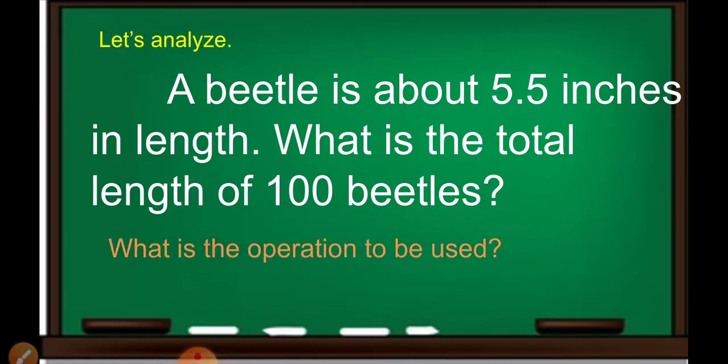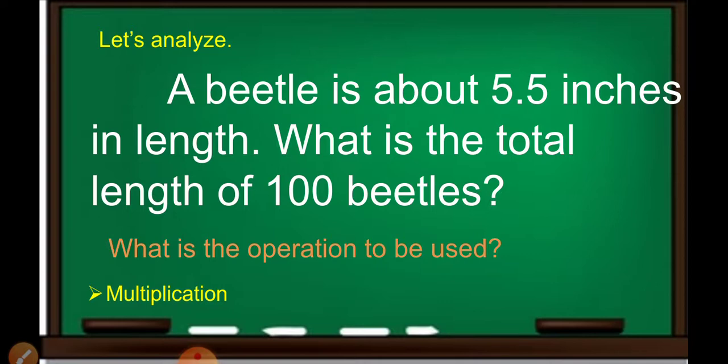And what is the operation to be used? The operation to be used is multiplication, because we will find the total length of 100 beetles. In 1 beetle there are 5.5 inches.